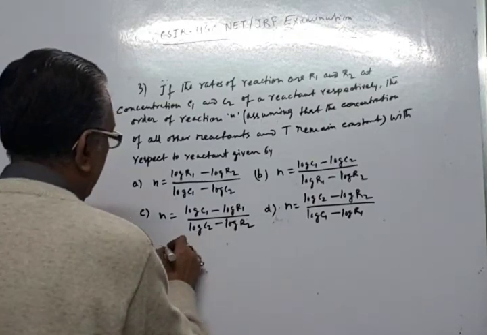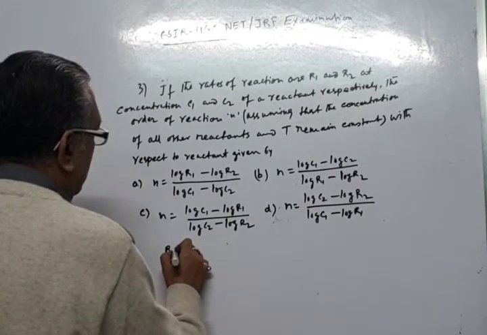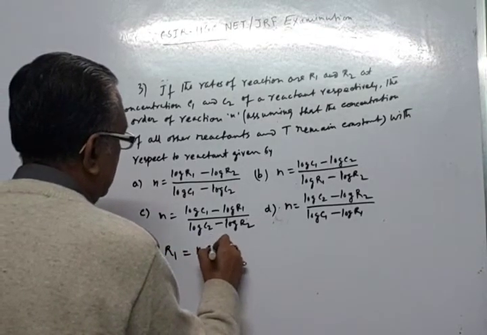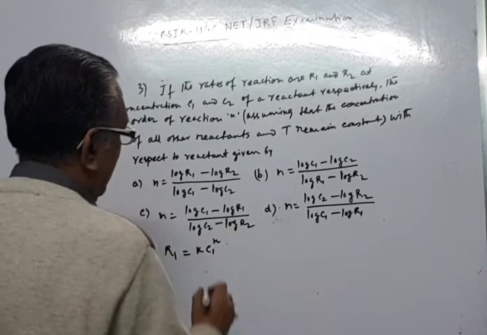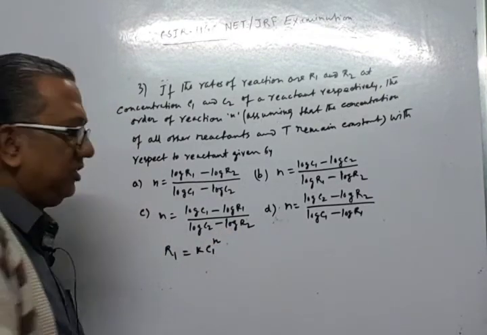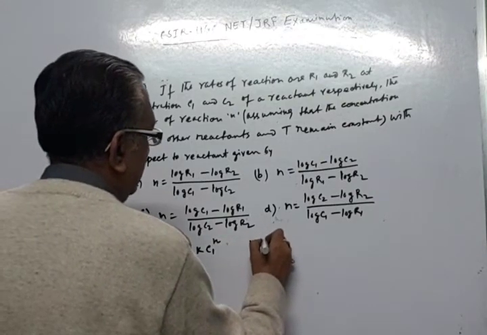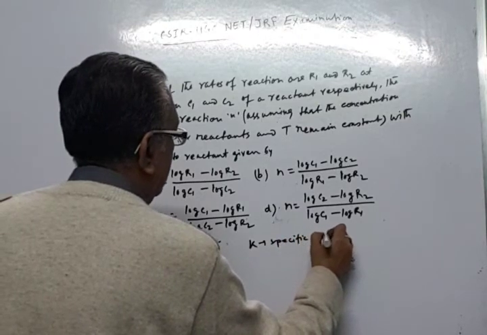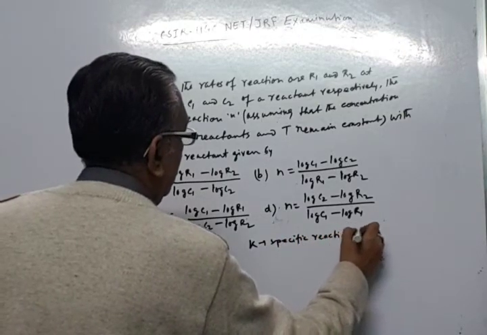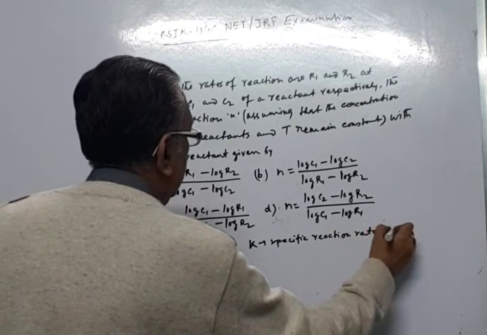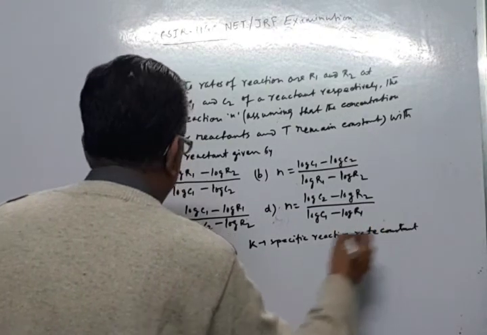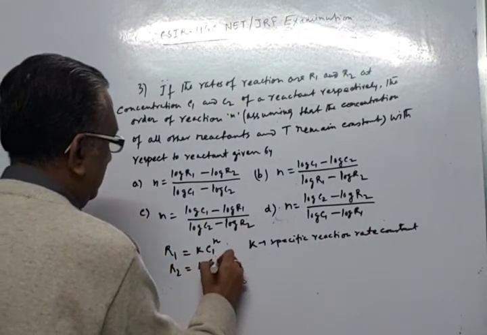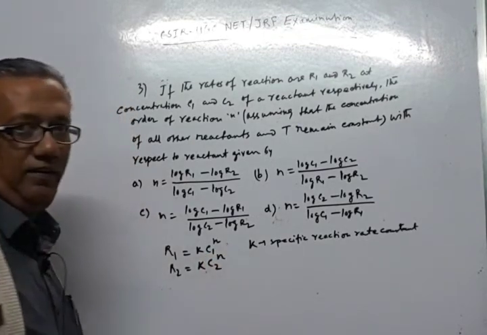Now for R1 we will have K into C1 to the power n, where K is the specific reaction rate constant. Similarly, R2 will be equal to the same constant into C2 to the power n.